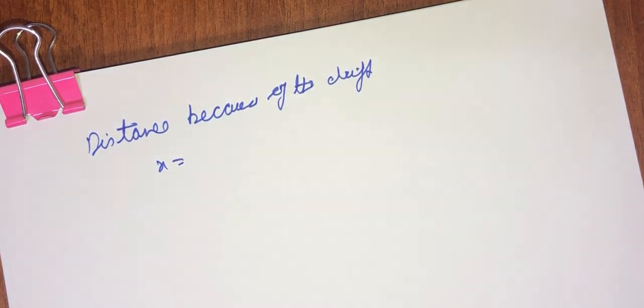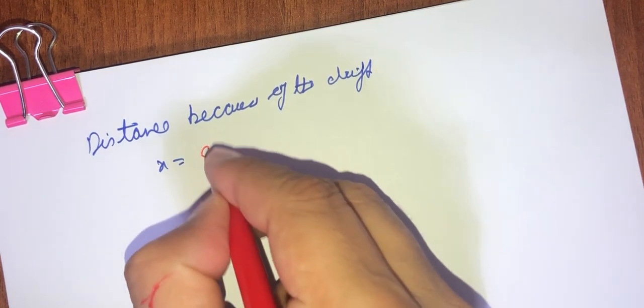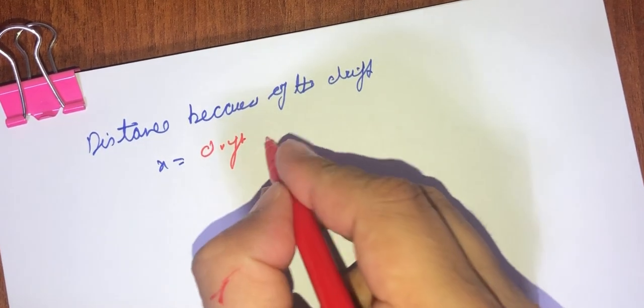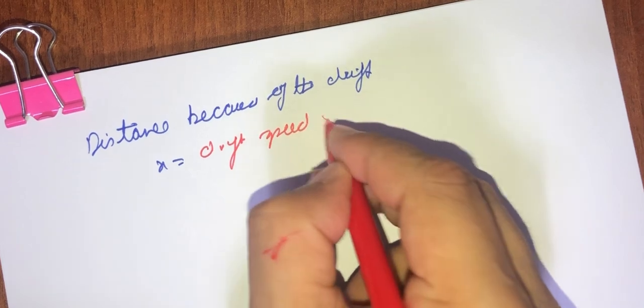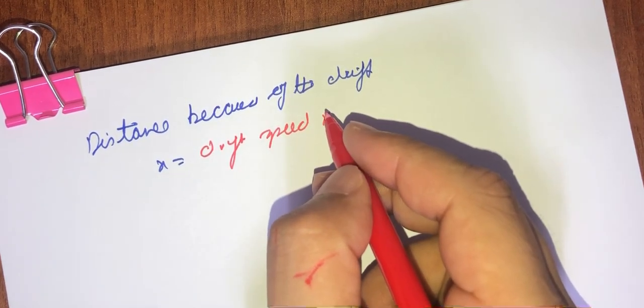So x will be equal to drift speed into time taken.